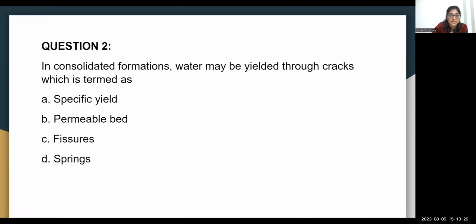Great, Vagisha, she's given fissures as the answer. If there's someone else, come on. You can direct message it to me or put it any way you want. Like I said, doing these questions with me will be helpful to you also. You won't need to keep revising these portions later on.